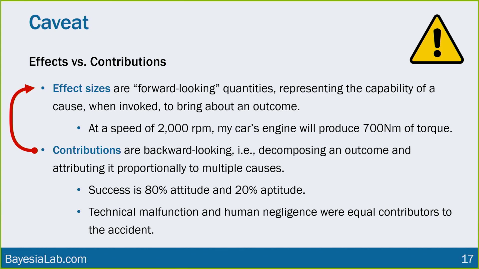Let's bear in mind the difference between effect size and contributions. However, in order to get to contributions, we need to understand effect sizes. But having effect sizes alone does not necessarily give us contributions. We'll talk about this more throughout the next 45 minutes.